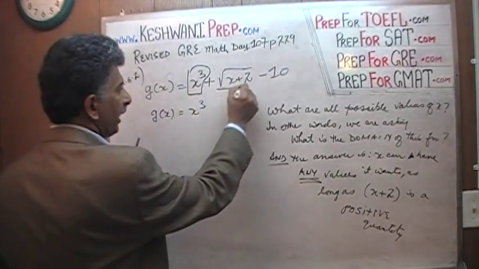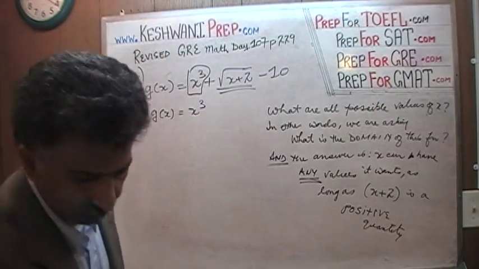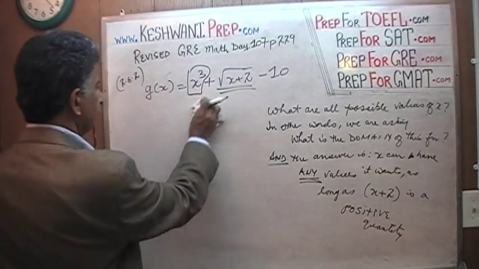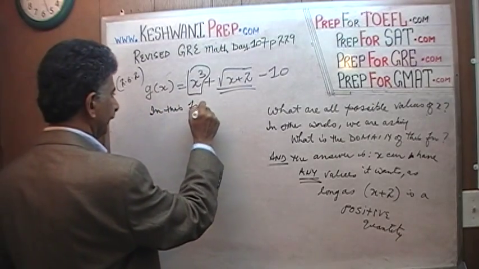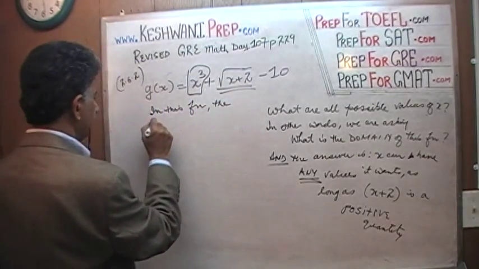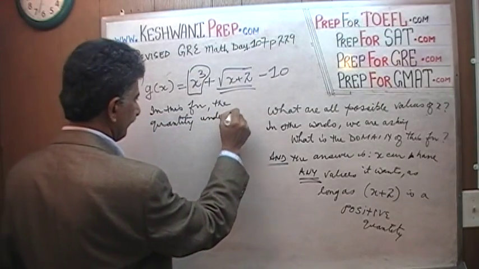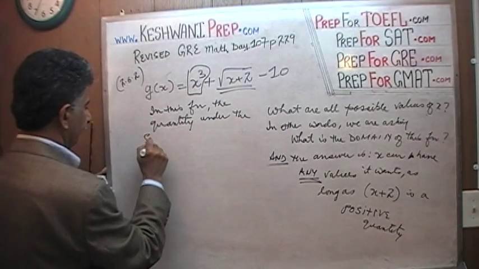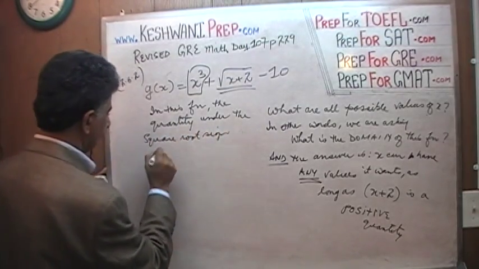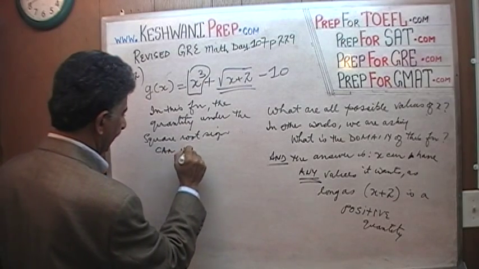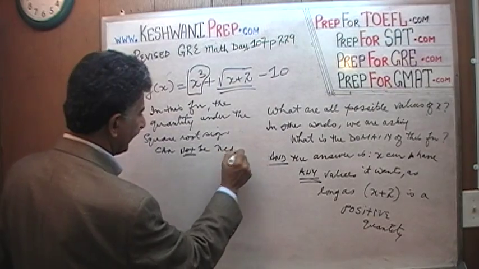The guy who's causing the problem is this quantity under the square root sign. In this function, the quantity under the square root sign cannot be negative.